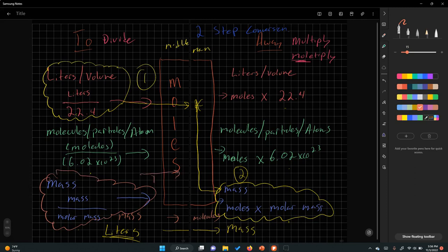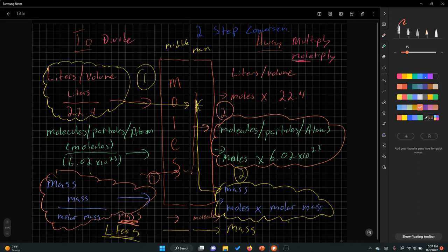So we're going to come into moles, and we do that by dividing, and because we're starting with mass, the number we want to divide by is molar mass. Now that we have moles, we can do our second step to get to our molecules. As we're starting with those moles that we calculated in step 1, we now multiply by 6.02 times 10 to the 23rd, and we end up with how many particles we have.